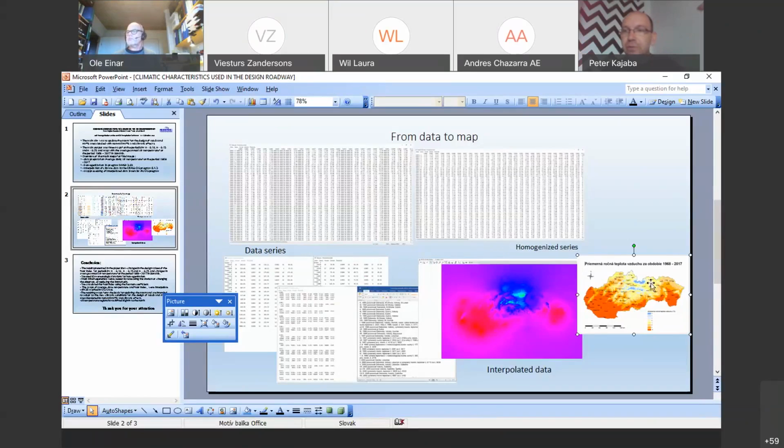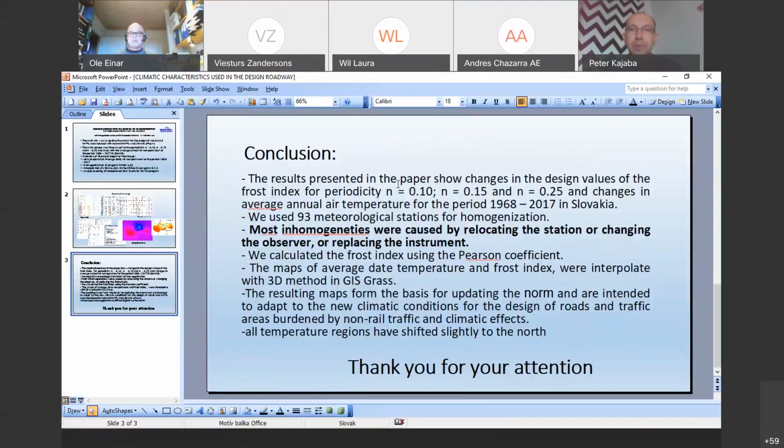Average temperature for the period 1968 to 2017. The results presented in the paper show changes in the design value of the frost index for periodicity 0.1, 0.15 and 0.25, and changes in average annual air temperature for the period 1968 to 2017 in Slovakia.